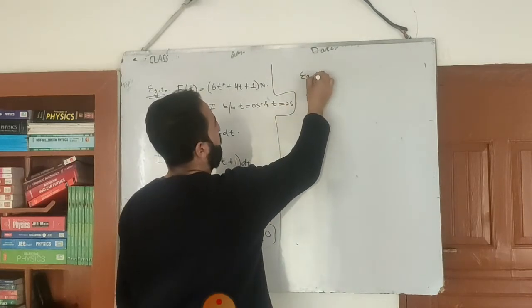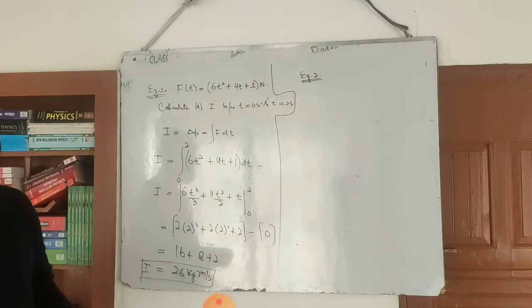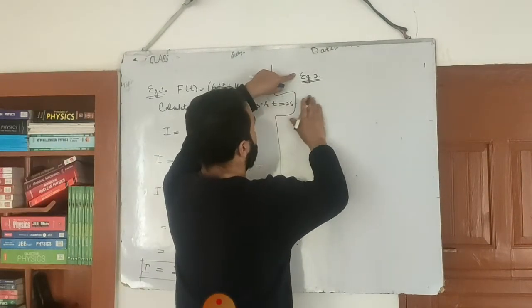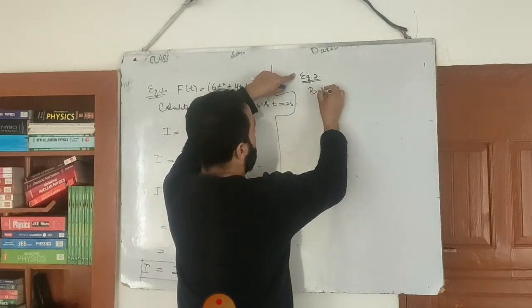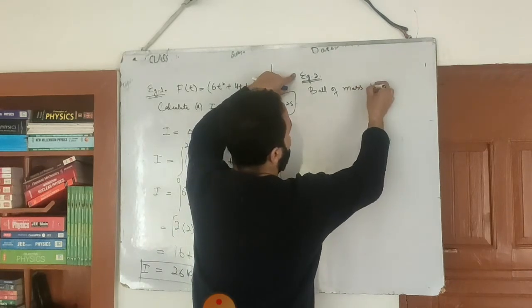Example number 2. Now pay attention, beta. Example number 2 is this example. Example is like this. For example, there is a ball of mass, let's suppose its mass is 4 kg.